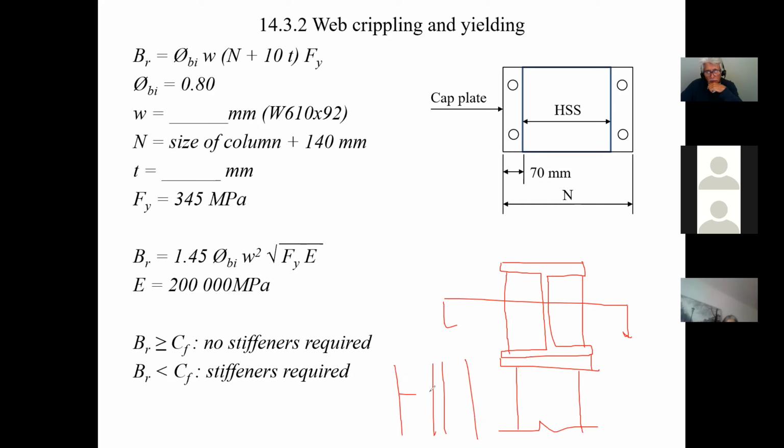This will stiffen and give lateral support to the web so that it stays there and gets supported. So guess what this looks like? This becomes a column that has this shape here, and you need to calculate the resistance of that column based on that shape.